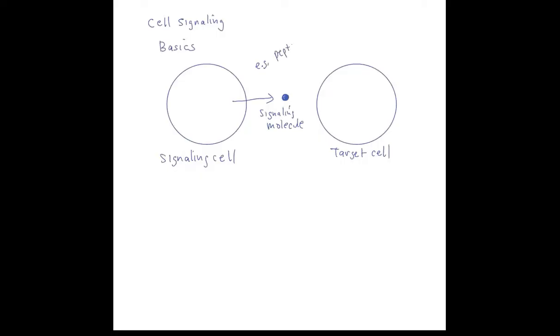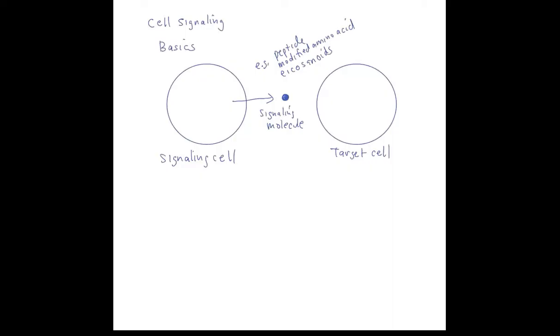It could be a modified amino acid, like tyrosine or tryptophan, for example. It could be a class of molecules called eicosanoids, which are derived from fatty acids.